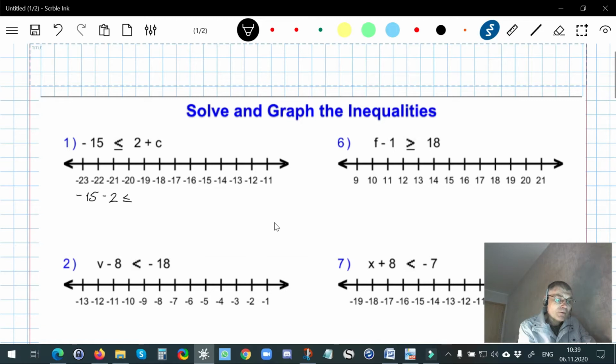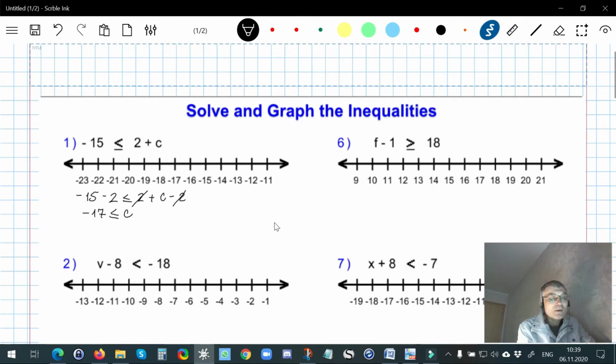Less than or equal to 2 plus c minus 2. Then we cancel those 2's. And what we have here is negative 17 is less than or equal to c.